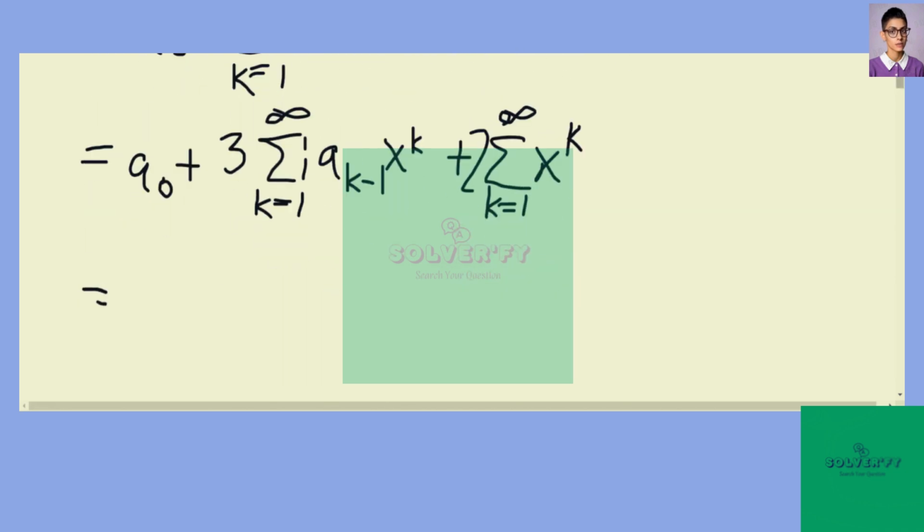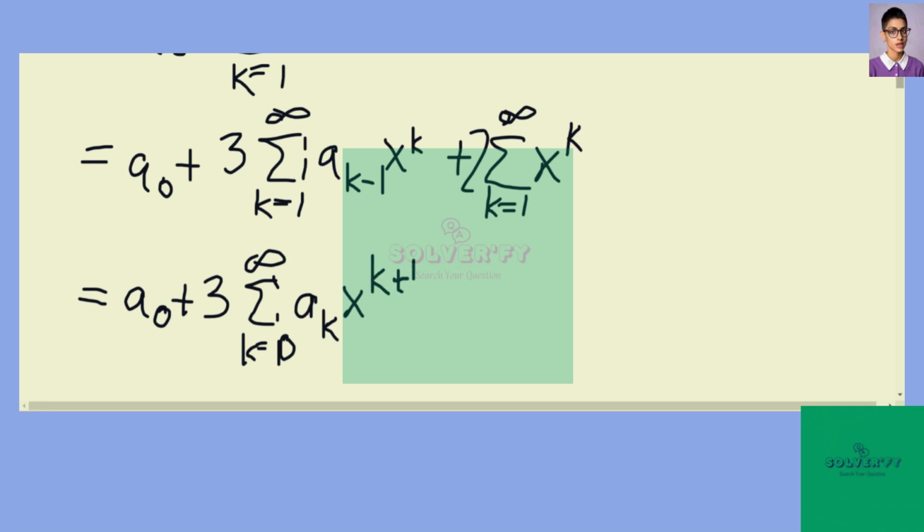We have that this is equal to a_0 plus 3 times the sum from k equals 0 to infinity, making the substitution k minus 1 for k, so we get a_k x^{k+1}, plus 2 times, and here I'll change this to the sum from k equals 0 to infinity of x^k.